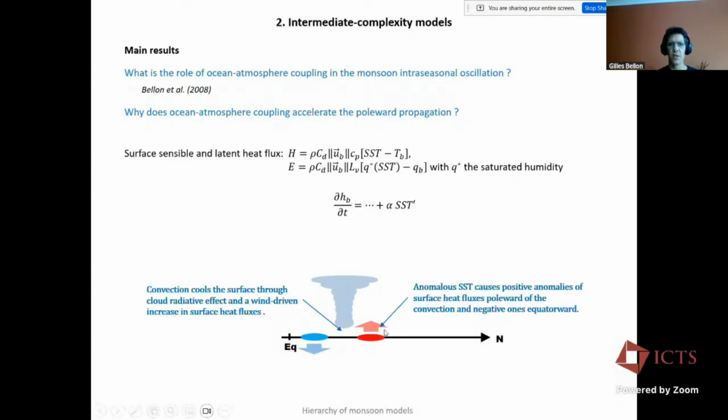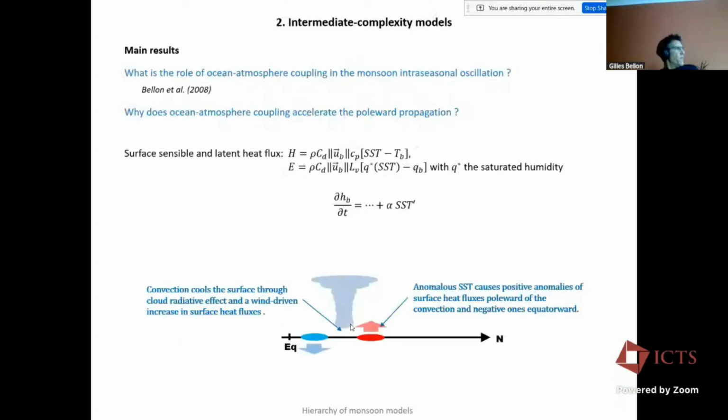And so what happens essentially is what I put on this diagram here, where you have positive SST anomalies poleward of the convection that creates positive anomalies of surface heat fluxes, and the opposite south of the convection anomaly. So that tends to favor the poleward propagation of the convection. Since there is already an existing poleward propagation, it accelerates it.